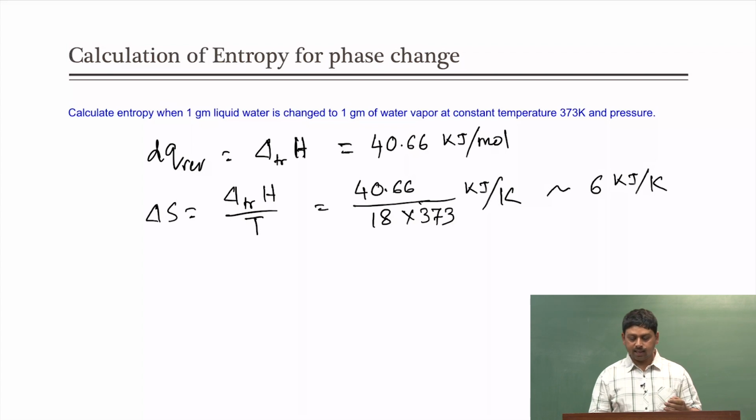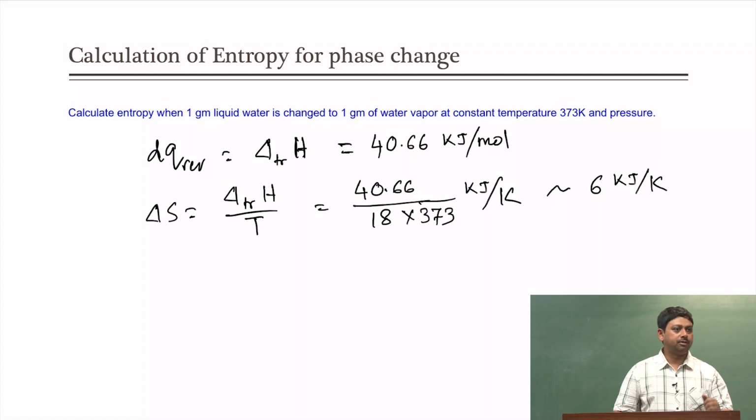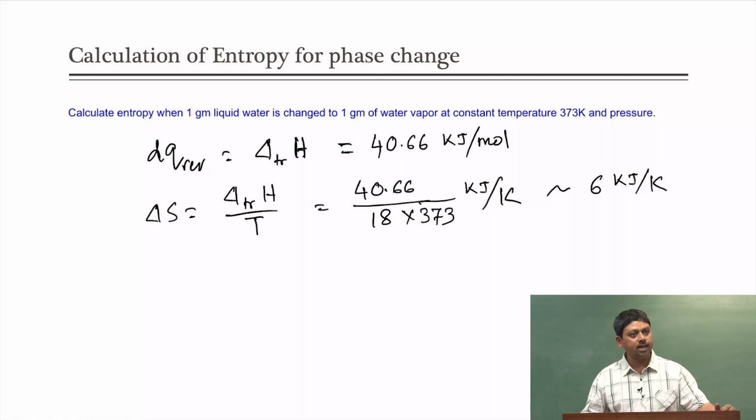Now, let us say you have to take the system from water at 25 degree centigrade to water vapor at 110 degree centigrade. So, we have to calculate the entropy change from water going from 25 degree centigrade to 100 degree centigrade in a slow manner by using the Cp ln T formula.